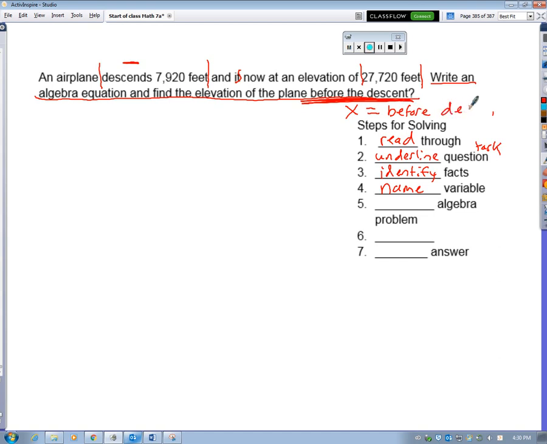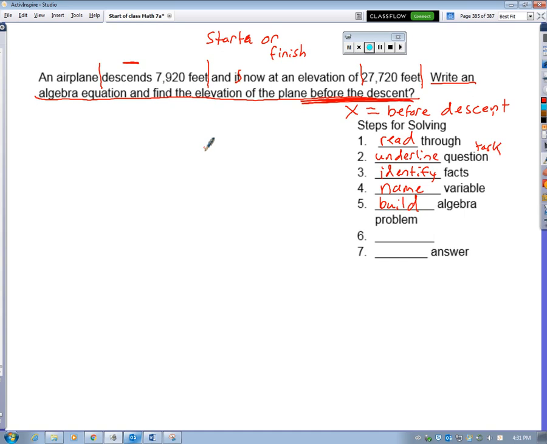That's what we're trying to focus on. Where was the plane before it dropped down 7,920 feet? Build the algebra problem. Just like I said in the other word problem, you want to look for either the start or finish when you are setting up these algebra problems.